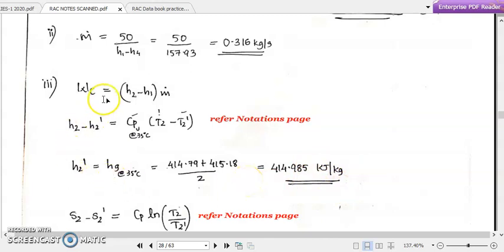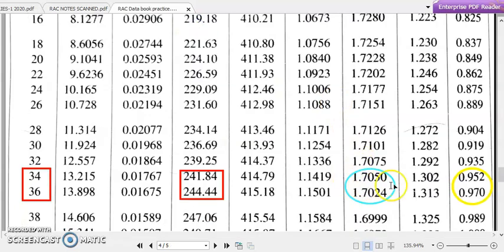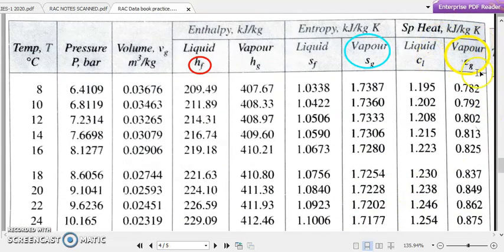So by substituting it here, h2 dash we found, and next is the Cp value of vapor at 35 degrees Celsius. How do we find the Cpv value at 35 degrees Celsius? Fortunately, in our question it is directly given. But suppose it is not directly given, how can we find it? We can refer back to our data book. The last column is the specific heat value, separately given for liquid and vapor.